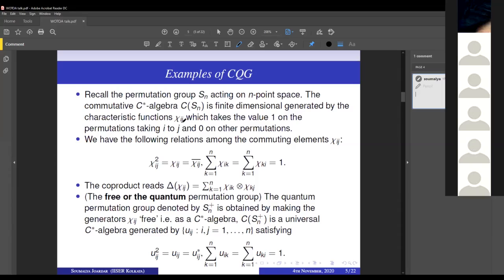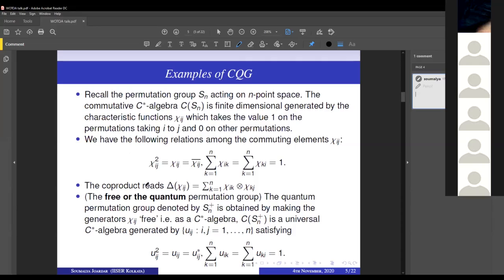These are the functions which take value 1 on the permutation which takes i to j, and 0 on other permutations. Then we have the following algebraic relations among the commuting elements chi_ij. These are functions on S_n, so they have to commute. We have these algebraic conditions that they are projections in the commutative C*-algebra C(S_n), and also satisfy this condition.